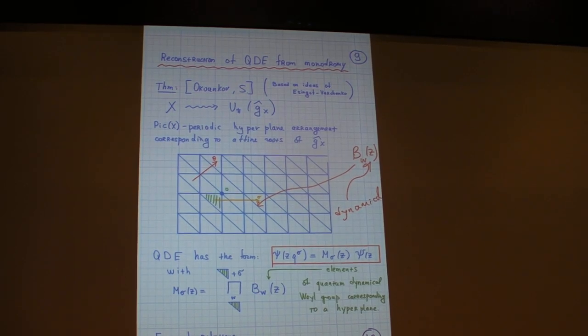So it's a chamber which has 0 as one of its corners, and it contains anti-ample elements. So this picture is this chamber. So what you need to do, you take this chamber, you shift it by sigma, and then you choose a path which connects original chamber to the shifted chamber. And then this matrix M, which enters the quantum difference equation, is just a product over all walls which you can encounter when you travel from the original chamber to the shifted chamber. So this way you get the shift.